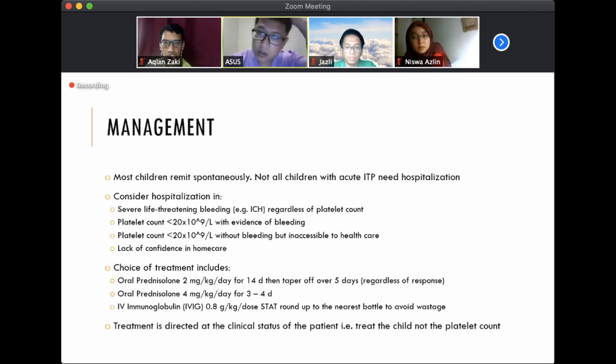So we never know. Okay, so any role of platelet transfusion for ITP? I think no, because this is an immune condition, if you give platelets, they will be destroyed by the immune condition. Right. So the choice of treatment for acute ITP. Another one is actually methylprednisolone, another option.